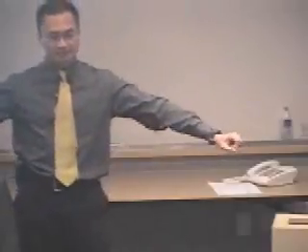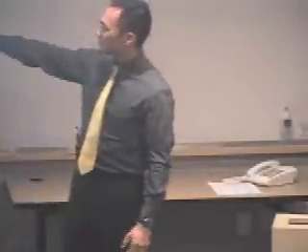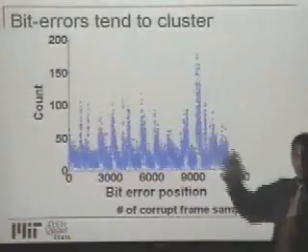So what we do is we go back to the data and try to analyze to see if we can do something more intelligent. What I show here is a histogram plot of the bit errors of 18,000 erroneous frames. On the x-axis is the location of the bit error within the frame. You see this distinct pattern of having more bit errors located in certain locations, and these bit errors have a certain width.